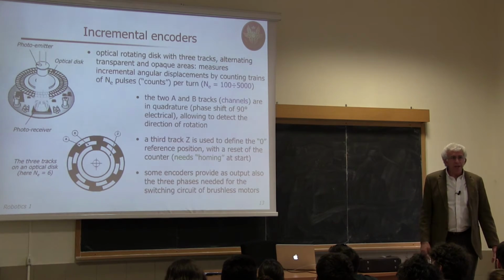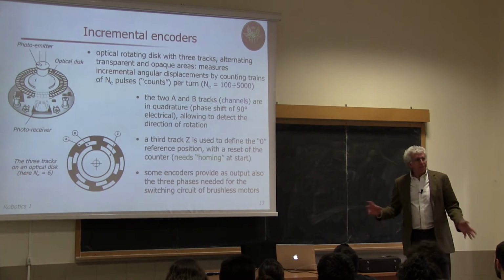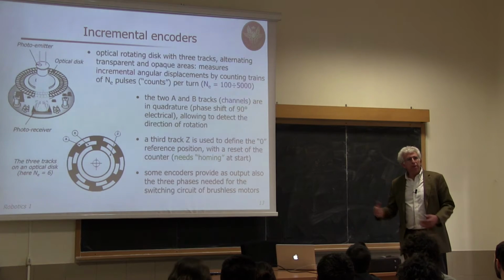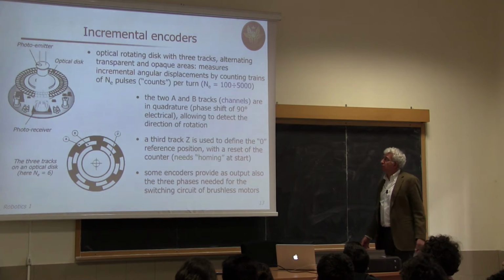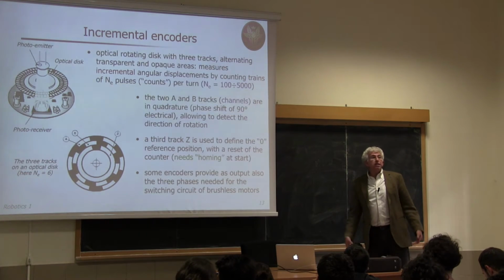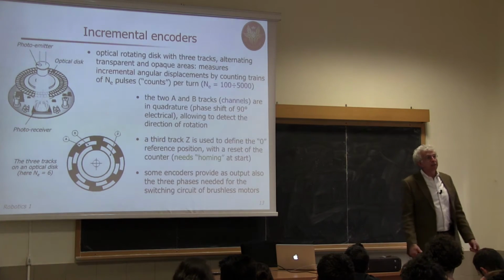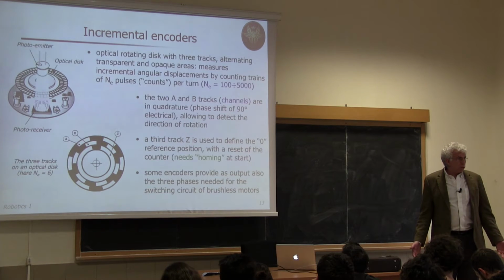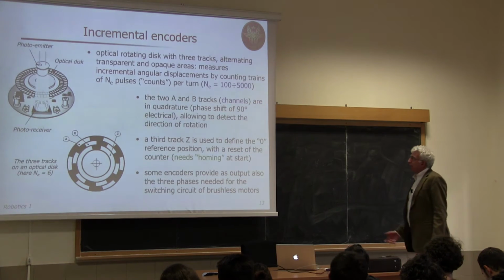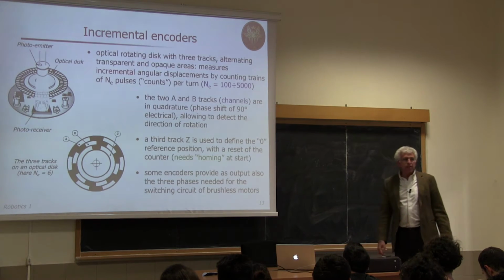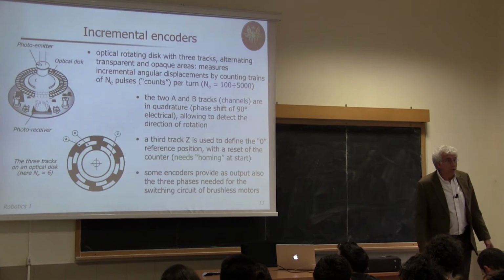For manipulators, instead, they have benefits, simplicity, but also some drawbacks. How do incremental encoders work? Well, they measure increments of angular position. This is why they are called like this. Again, they are made of a rotating disk. The disk typically rotates together with the motor axis.